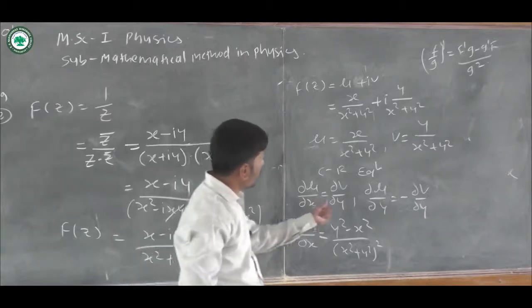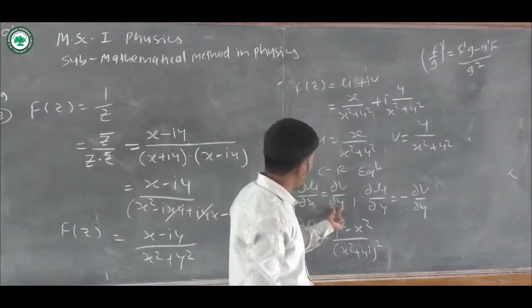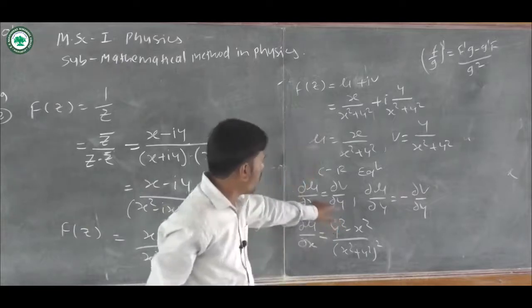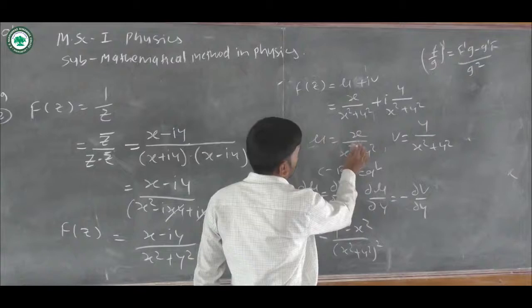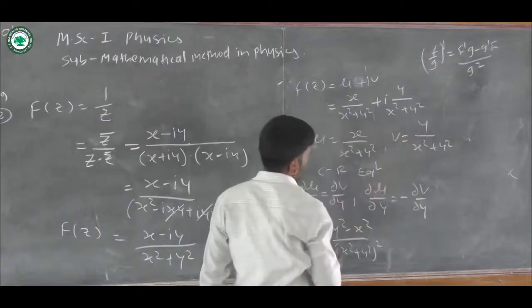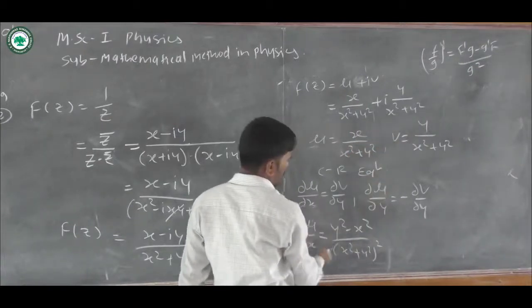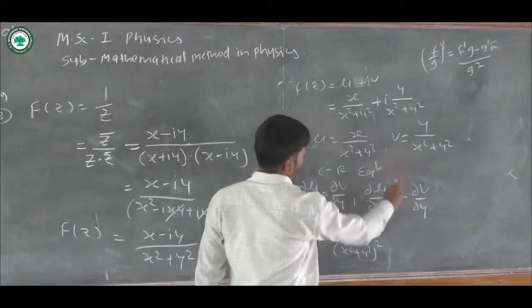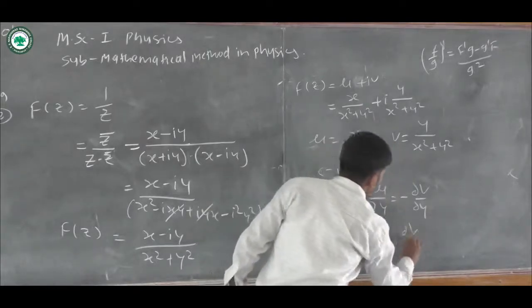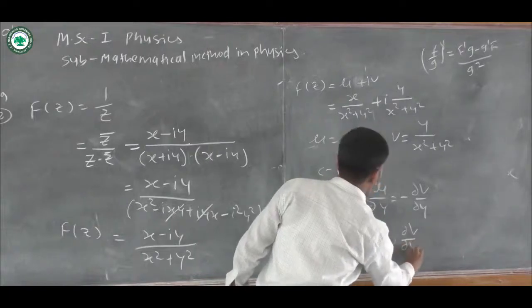And for dv by dy, it is a similar thing. Okay, here it is only x and here it is y. So if we differentiate the same way, we can find dv by dy.